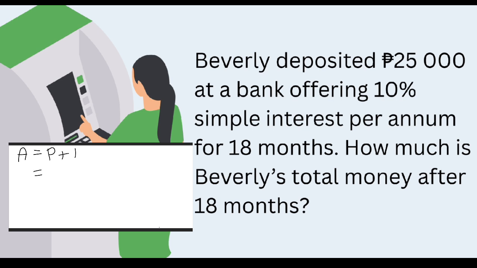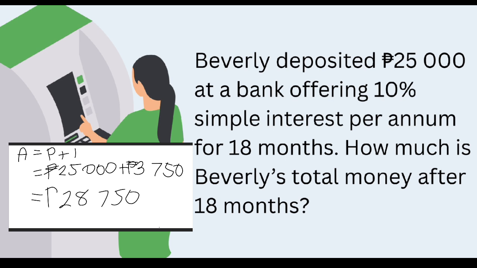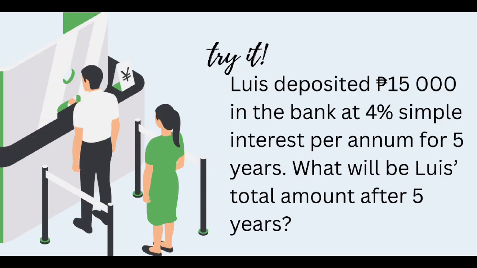So in the given situation, the formula is 25,000 added to the interest, which is 3,750 pesos. So 25,000 plus 3,750 pesos is 28,750 pesos. So Beverly's total money after depositing 25,000 at the bank for 18 months is 28,750 pesos. Try this activity.